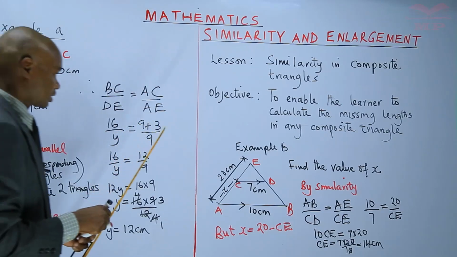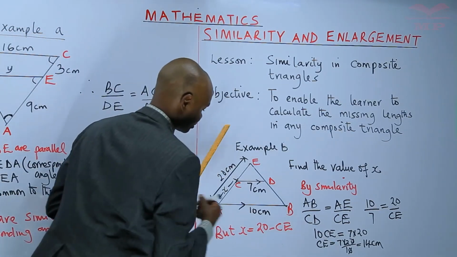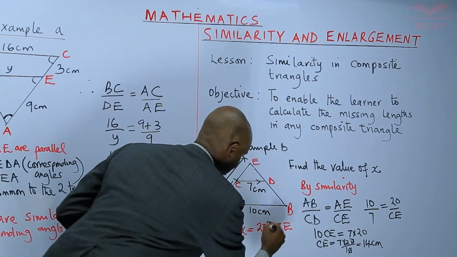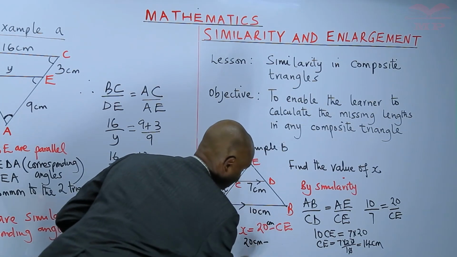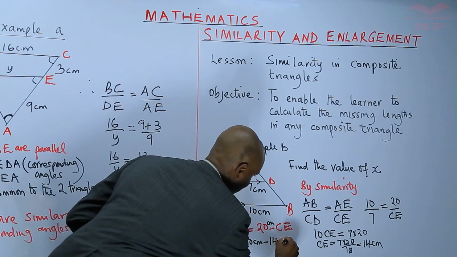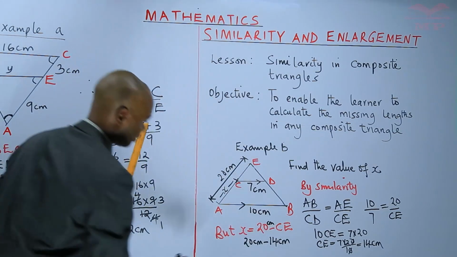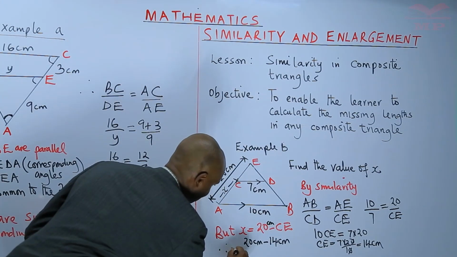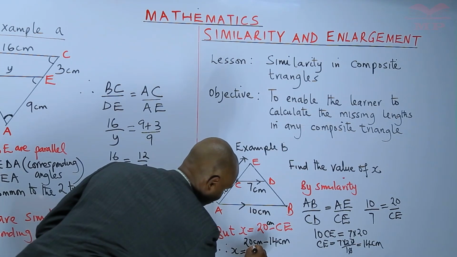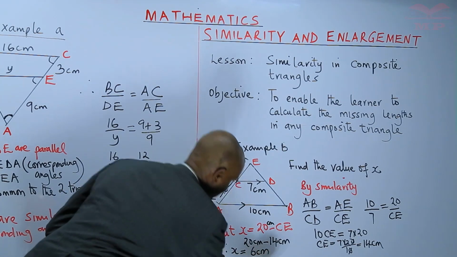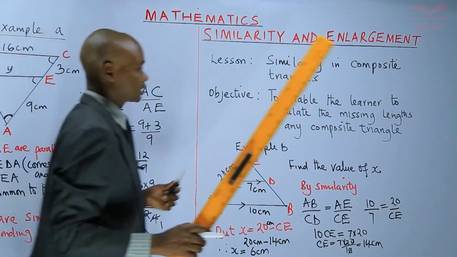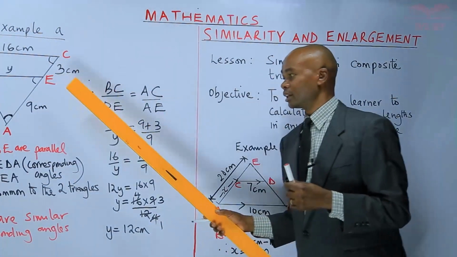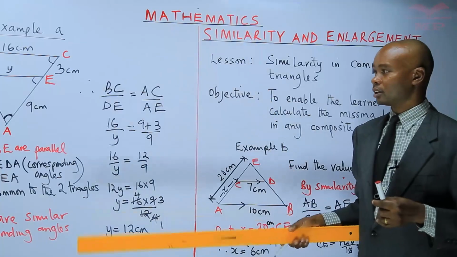So it will be 20 centimeters, subtract 14 centimeters. Therefore, my x will be equal to 6 centimeters. So that is how we use similarity to work out questions involving composite triangles.